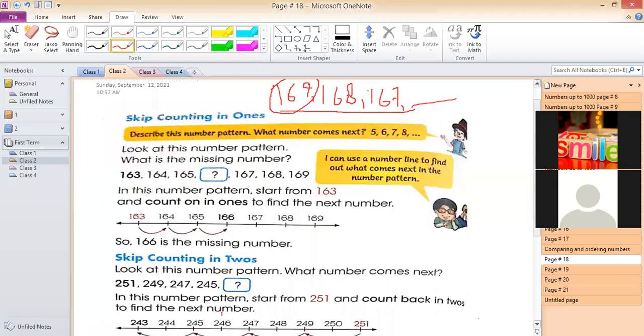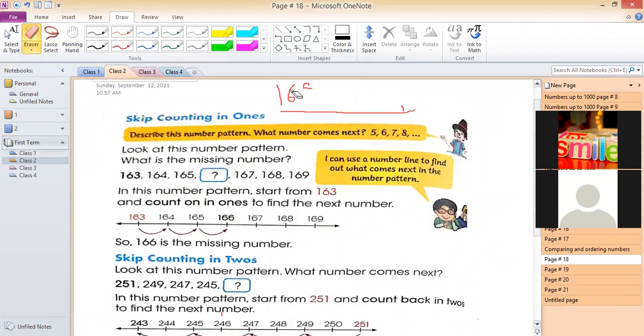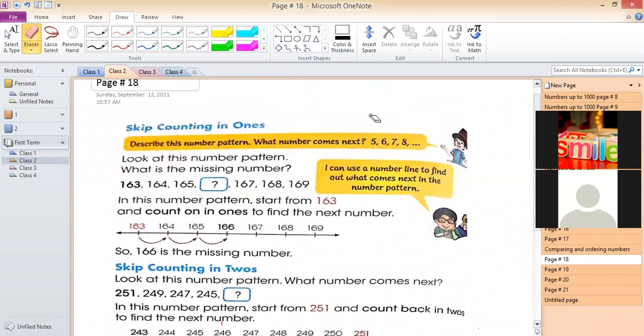Whenever a series is arranged from biggest to smallest, that means we are counting back. If you look at a normal series, look here, this is 5, 6, 7, 8. So these numbers are arranged from smallest to biggest. 5 is smaller than 6, then 7, then 8, then bigger, then bigger, like this.